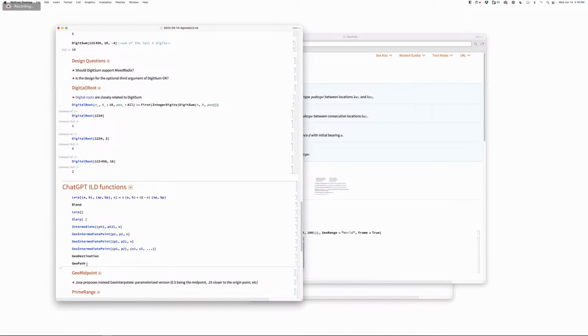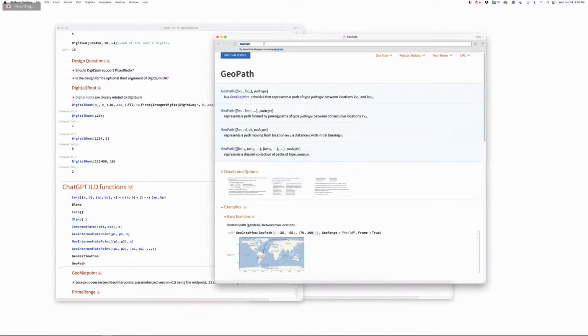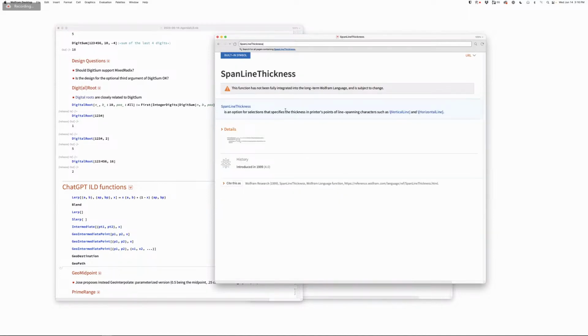Well, yeah, that's a good question. I mean, let's take a look at that. That is not very good autocompletion there.